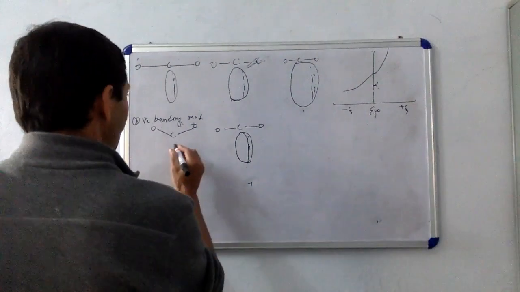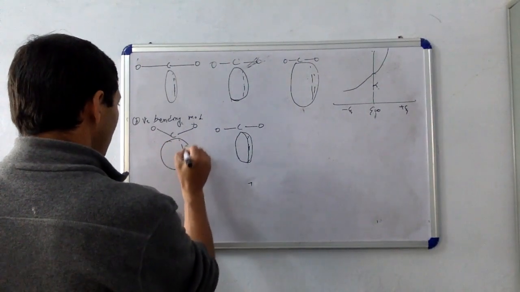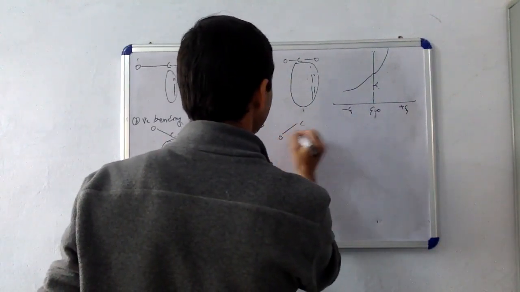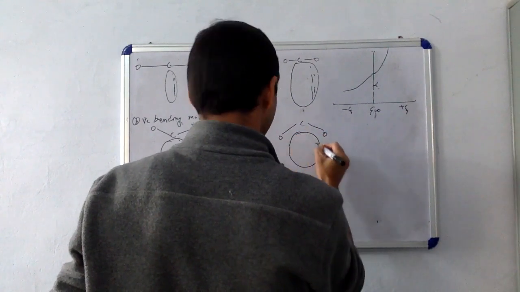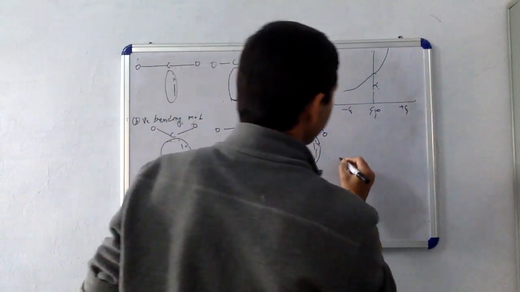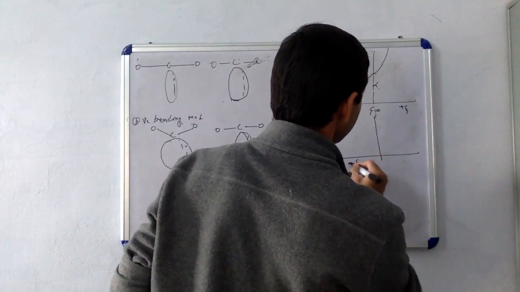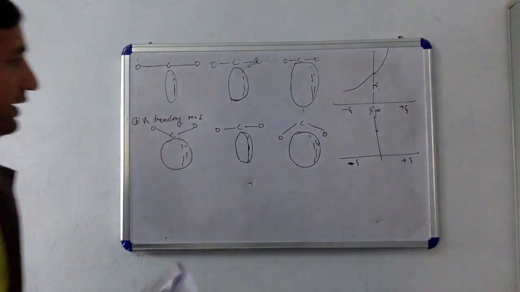Then, for the almost circular one, the center is here, and again this one. So what I'm saying is this plus xi, minus xi, and plus xi, this is my alpha naught.